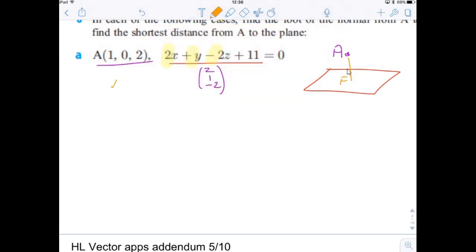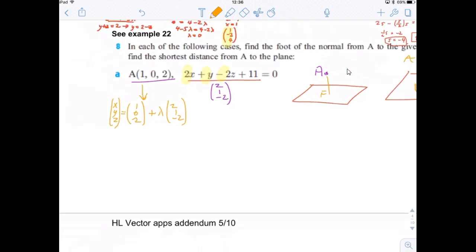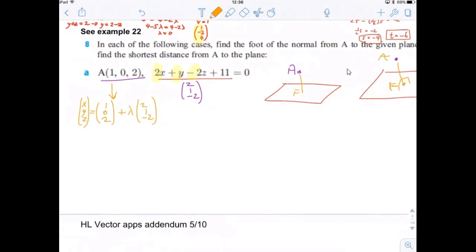So we're going to define this line by saying, okay, position vector 1, 0, 2, and then we're just going to add a direction vector 2, 1, negative 2, and that gives us an equation for the orange line. So now we have the equation for the orange line. Now we just need to figure out what lambda is equal to when it hits the plane.